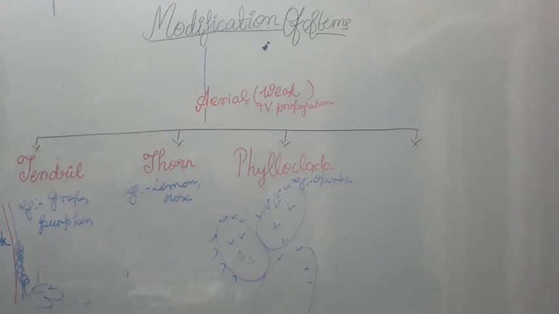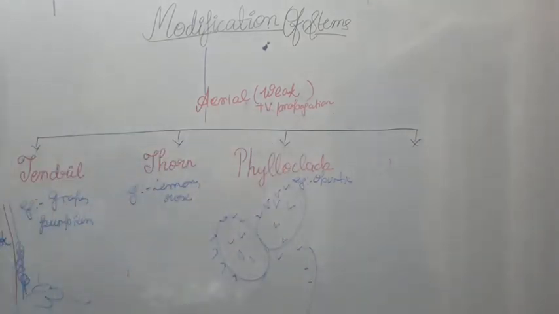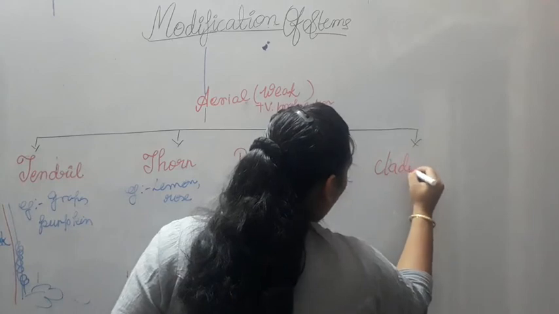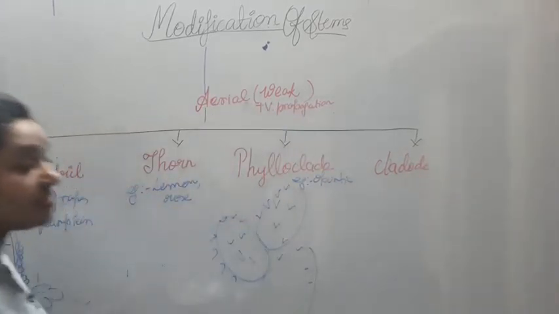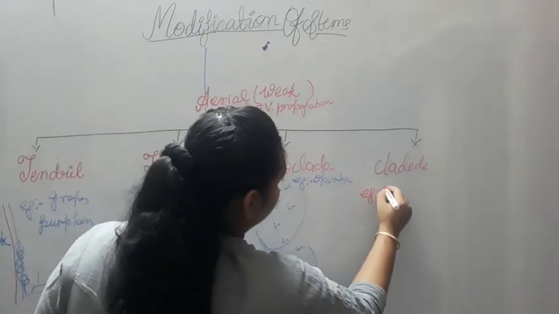Then we are having cladode. This is another kind of aerial modification of the stem where, for example, you can see the asparagus.